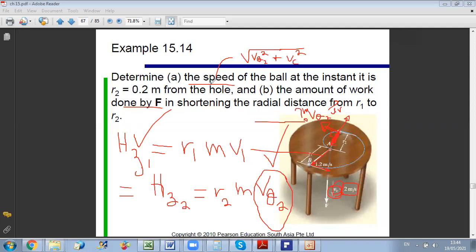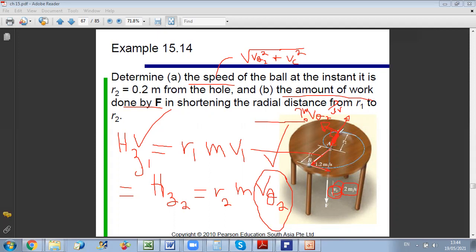And once I get the speed, I can now find the amount of work done by F in shortening the radial distance, because I use the principle of work and energy. I can say that the work done from position 1 to position 2 is equal to the variation in kinetic energy.